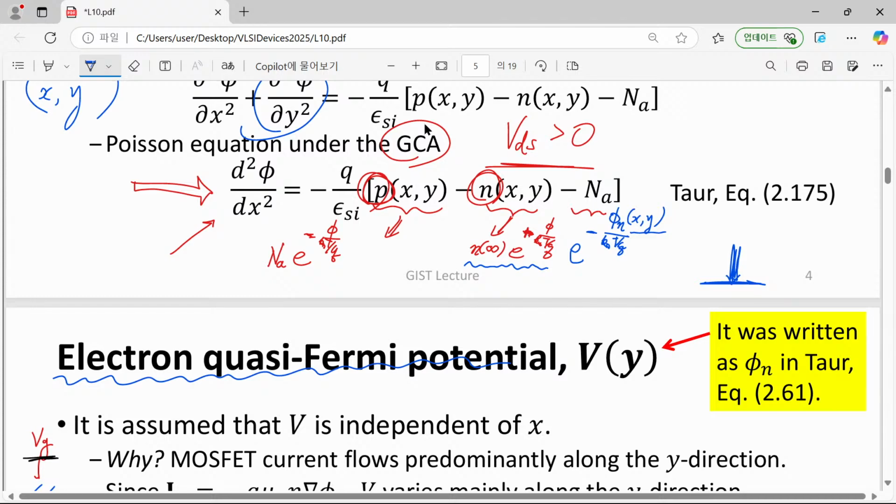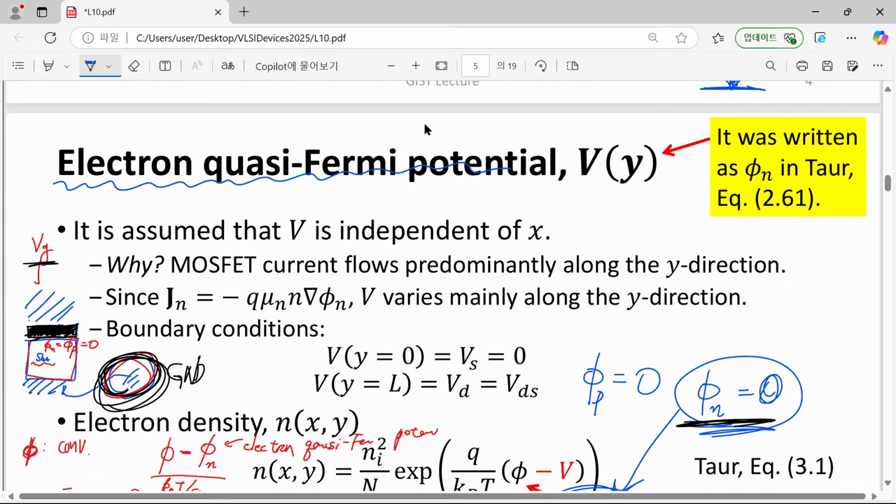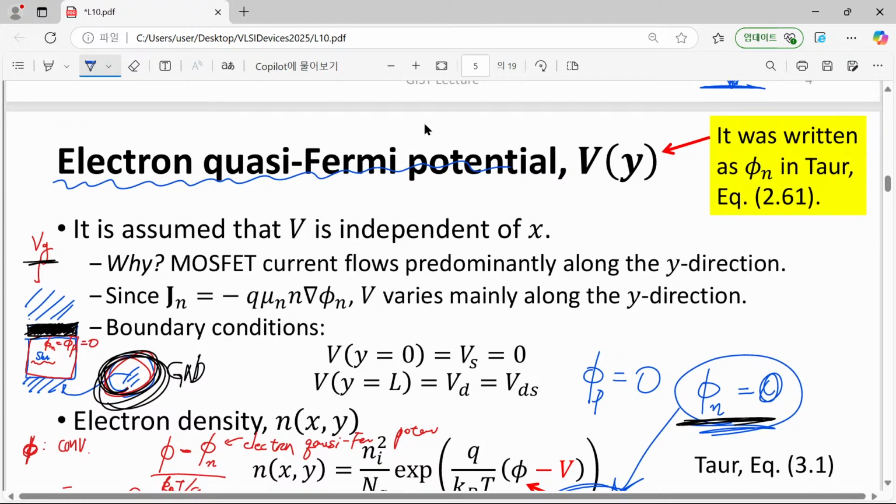But here we make a great simplification in this slide.